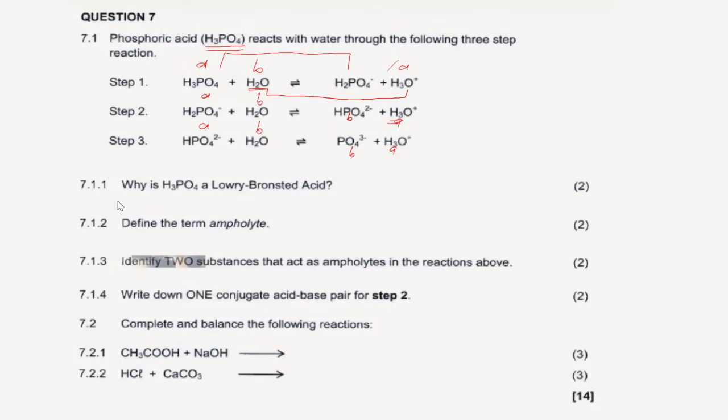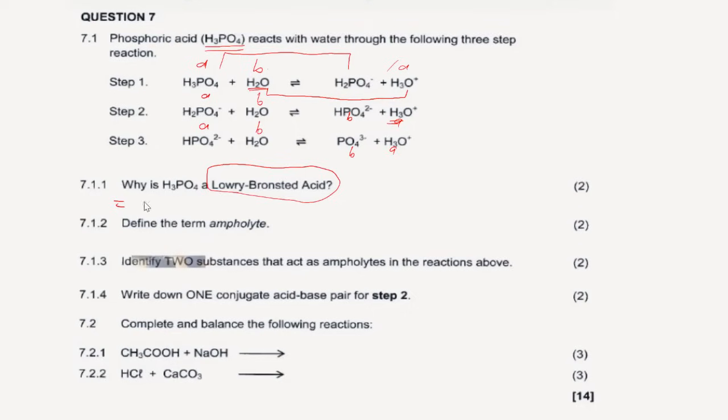Now 7.1.1 says, why is H3PO4 a Lowry-Brønsted acid? We have to ask ourselves first, what is a Lowry-Brønsted acid? We say that a Lowry-Brønsted acid is a substance or an acid that donates a proton, right?